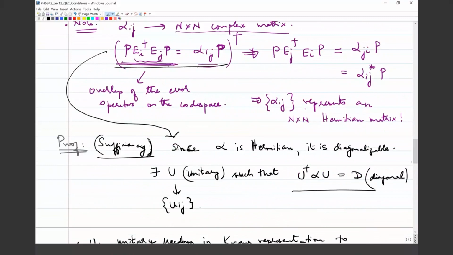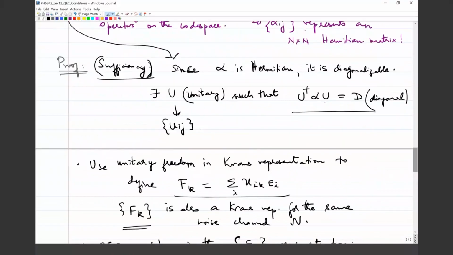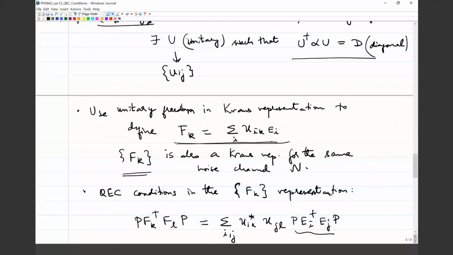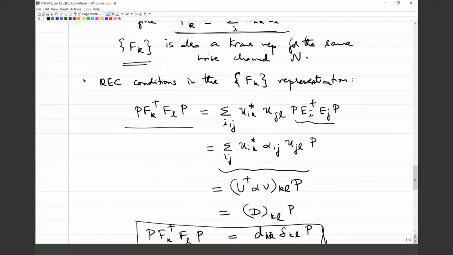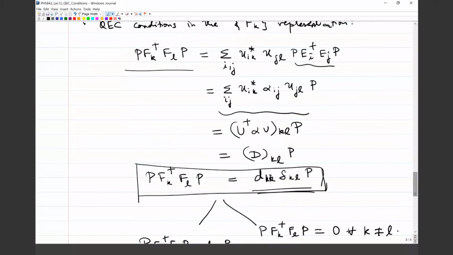Now I use the elements of that unitary operator to modify the Kraus representation. And in this modified Kraus representation, the conditions take a diagonal form. So this is what I will call the diagonal form of the QEC conditions. Any questions so far?